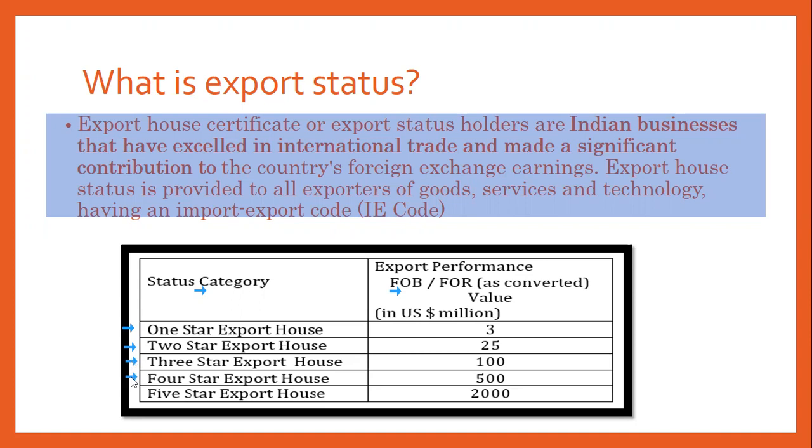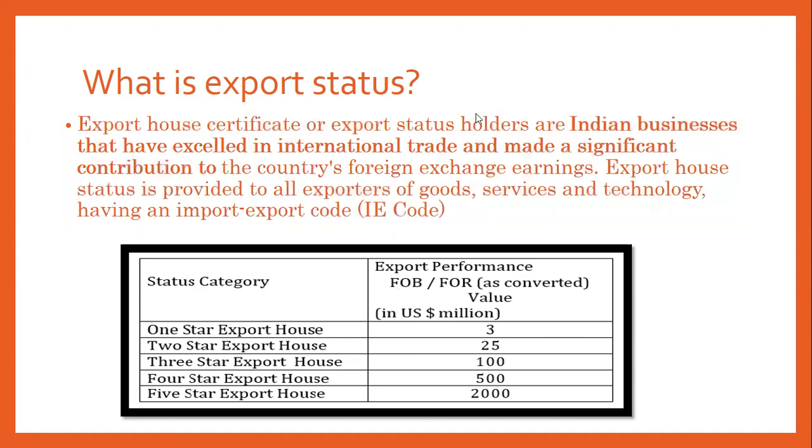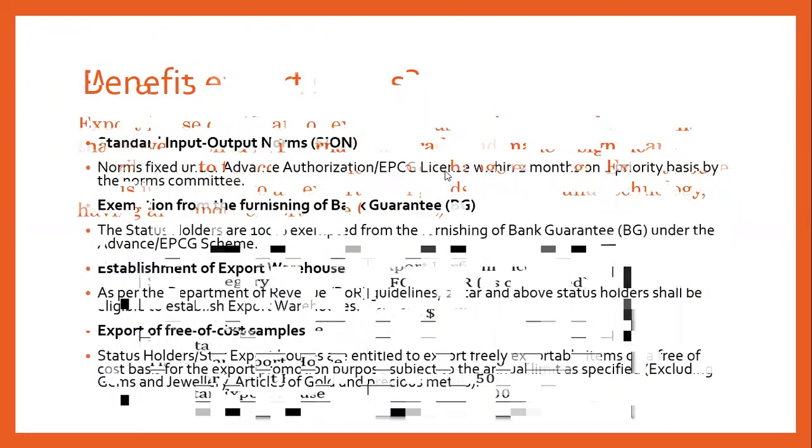If 500 million, then 4 star. And lastly, 2000 million US dollars is a 5 star exporter. So these are the categories the government defines on export FOB value, which is the export performance in the view of the government.